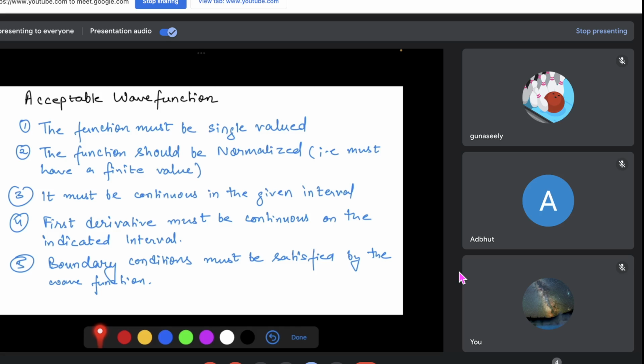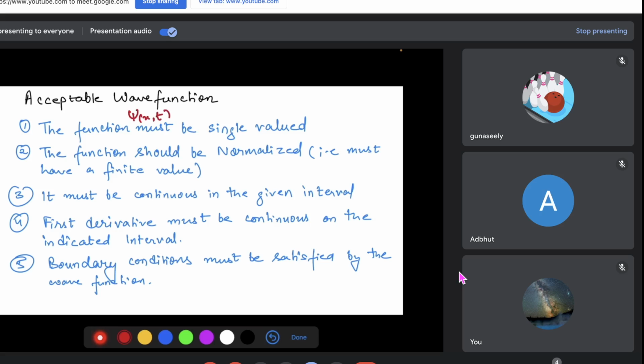For an acceptable wave function, we have the following conditions to be satisfied by the wave function for the particular system or particle. The function must be a single valued function. And the second point: when I'm talking about the function, I'm talking about the wave function psi(x,t).